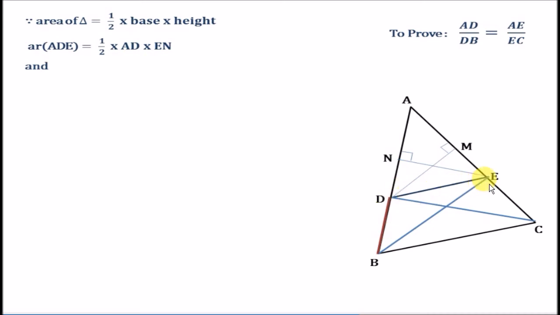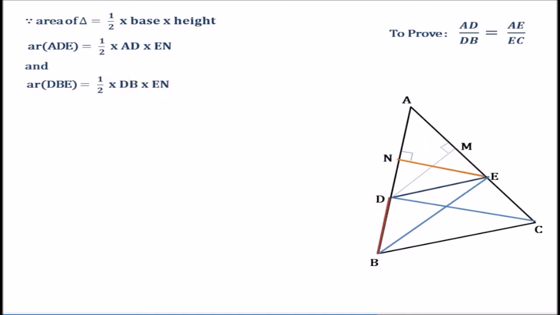So the perpendicular EN has been drawn on the extended base, which is DB. So for triangle DBE, the base is DB and the perpendicular is EN, which has been drawn on the extended base. So area of DBE equals half into DB into EN.